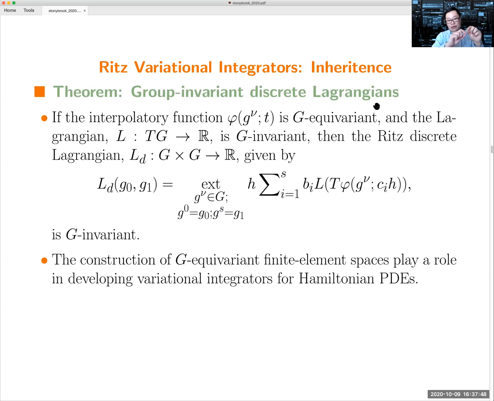If you think of the curve as being parameterized by a bunch of discrete values, and you take all these positions and rotate all of them, and you look at the interpolatory function associated with the new data, then the original curve and the new curve should be related by the rotation which related the initial data, right? It's oftentimes easy to do this in the ODE case. It's harder in the PDE case. But in the ODE case, this is fairly well understood, and it then naturally leads to discretizations which respect momentum conservation.